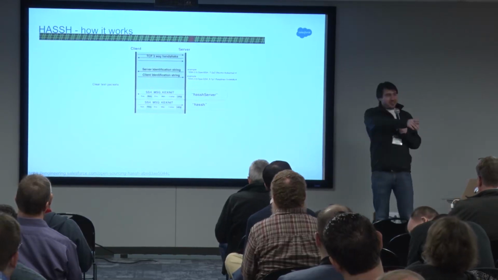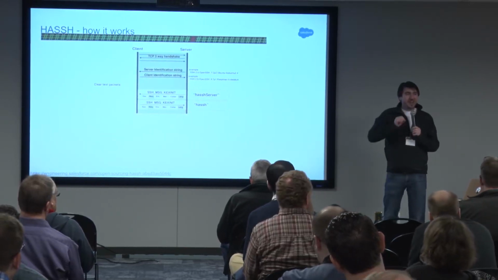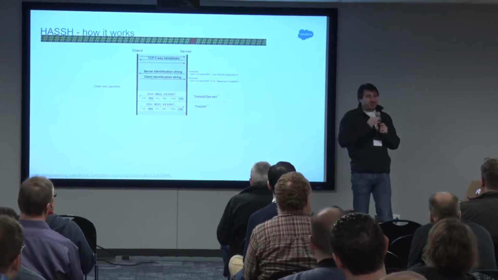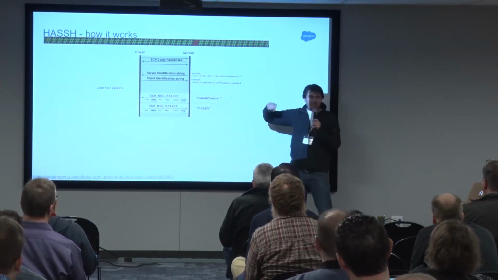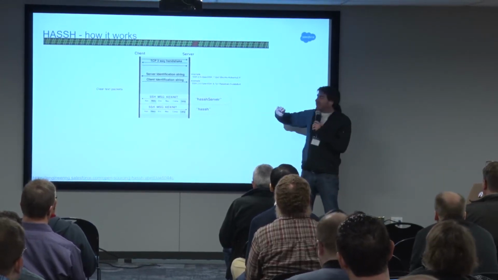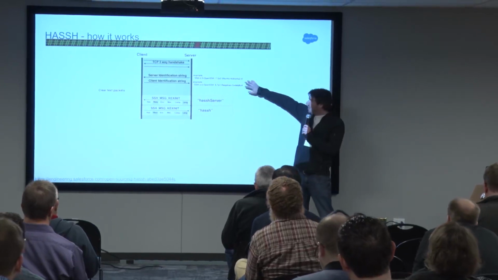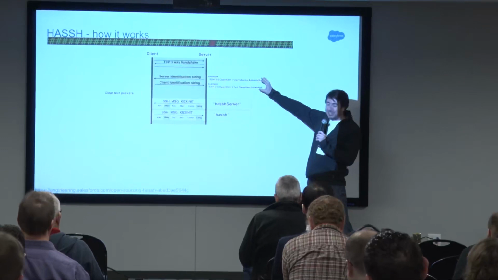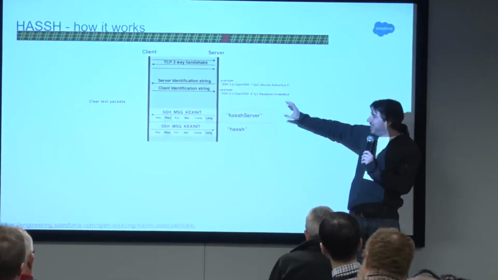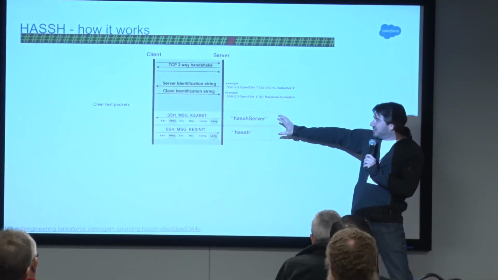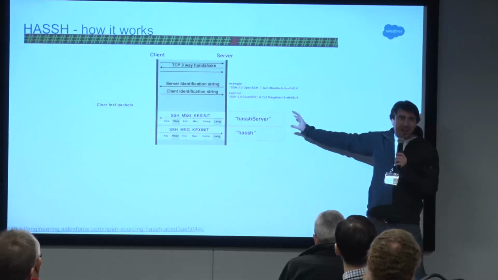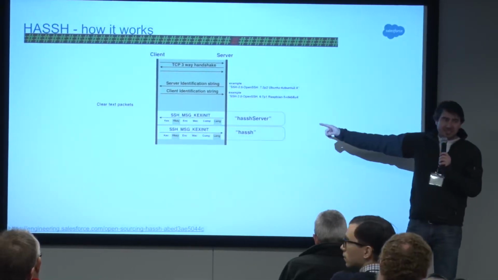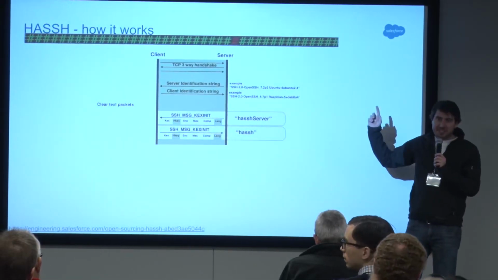Great question. Is this in a specific order? Kind of. The identification string does come first, and then the key exchange init. However, I've seen the server send the key exchange init first, and I've seen the client send the key exchange init first.